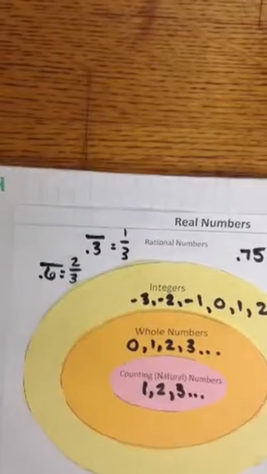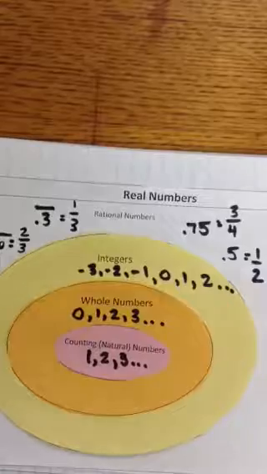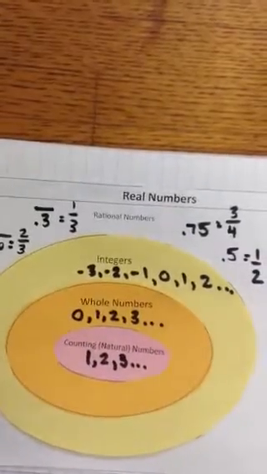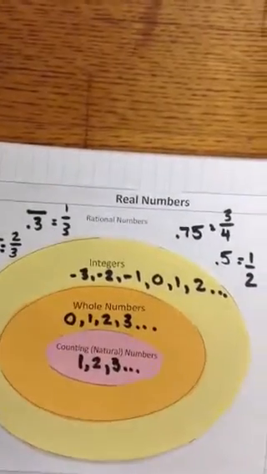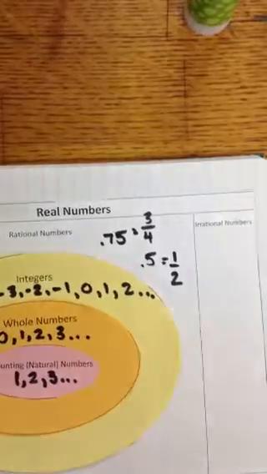Okay, the only set of numbers that we have left to talk about, if I can get my iPad to look at it, is the irrational numbers. So the irrational numbers cannot be anything that's over here.